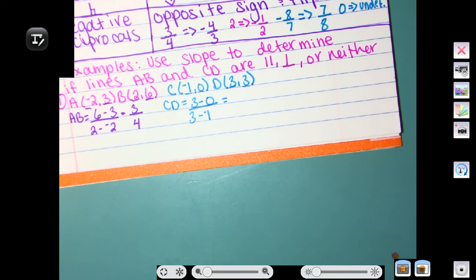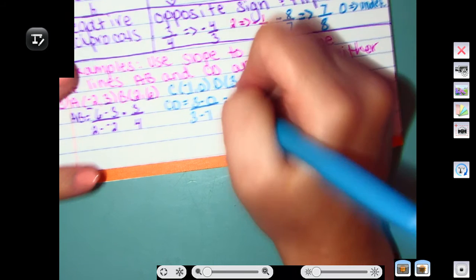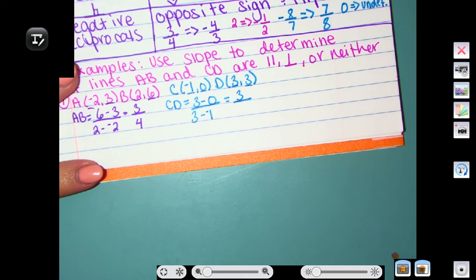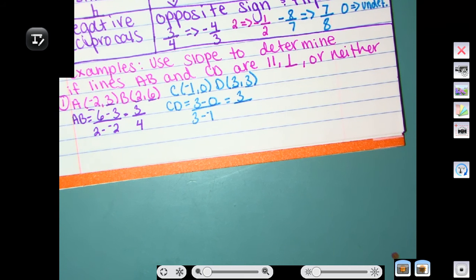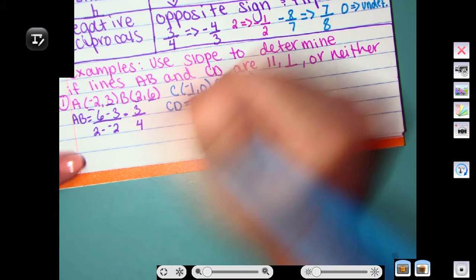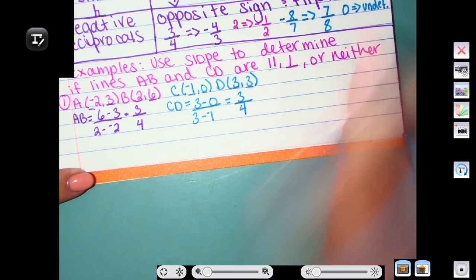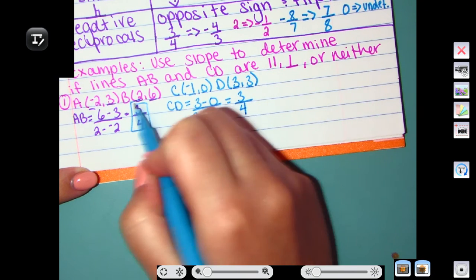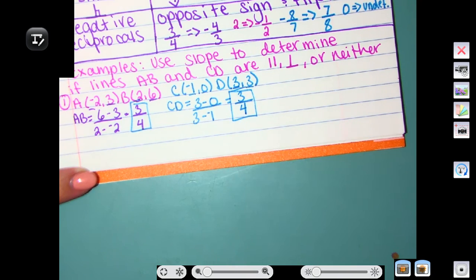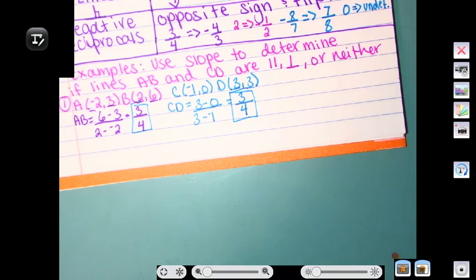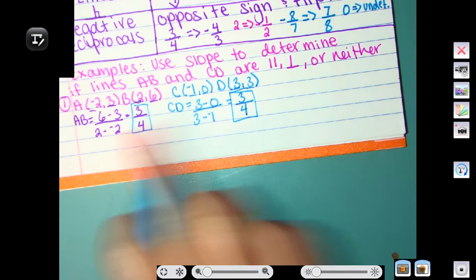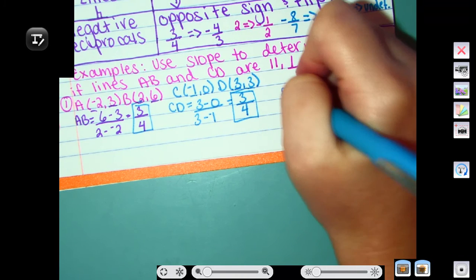So what does that give me? 3 minus 0 is 3. 3 minus negative 1 is 4. So would you look at that? They are the same. So then your job is to say, okay, I know that parallel lines have the same slope. These lines have the same slope, so they are parallel. Okay, so we would say parallel.